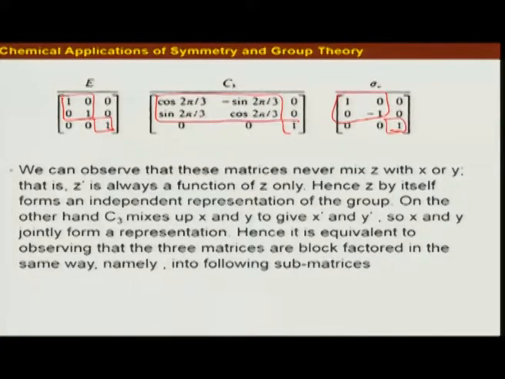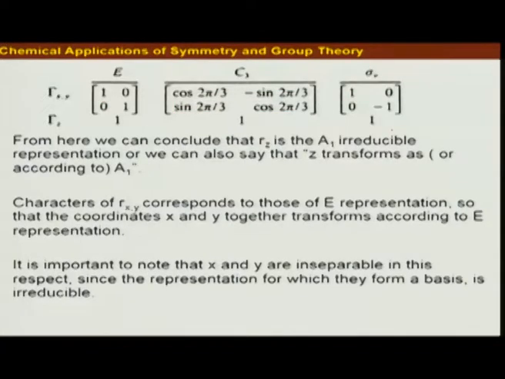So I have 3 matrices block factored in the very same way. So therefore we can form 2 sub matrices if I consider those 2 blocks individually, and I get one representation for just z alone, while I get another representation where x and y transform together. Okay, so we get 2 by 2 matrices.